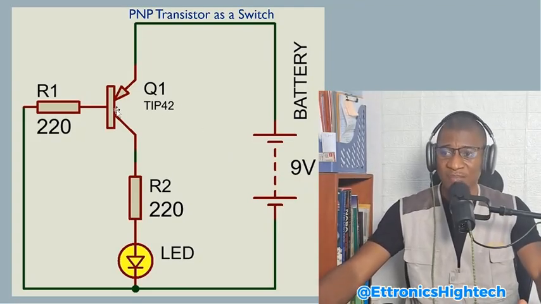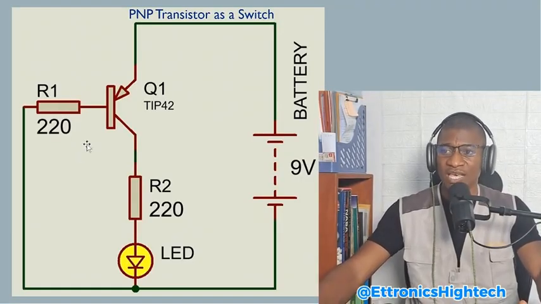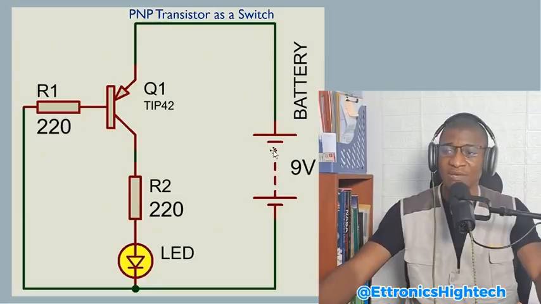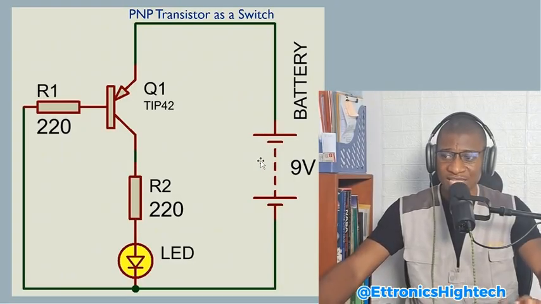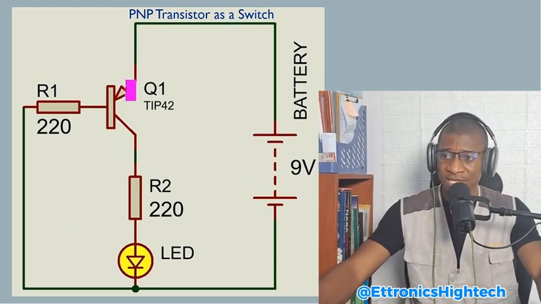Now here we have the PNP transistor, we have a current limiting resistor here as R1 and also a current limiting resistor here as R2, and a battery as a power source. Now if you look at the circuit, you will agree with me that the positive terminal of the 9 volts is connected to the emitter. So this emitter here is having 9 volts.